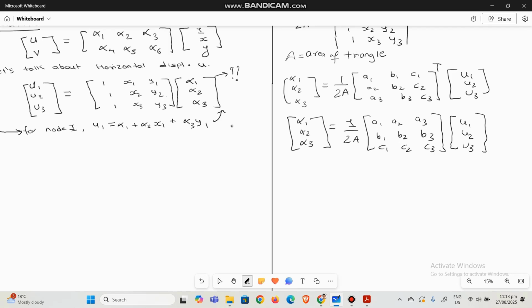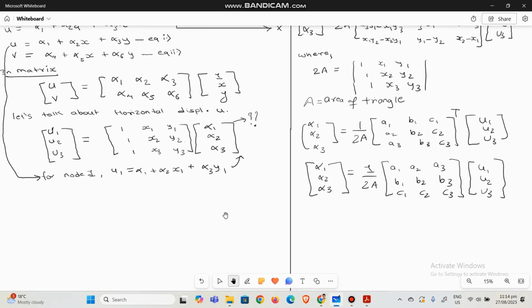Now we can represent u in terms of this equation. If you go a little bit to the previous equation that we derived, the general formula for displacement u is u equals 1, x, y, and then alpha 1, alpha 2, and alpha 3.